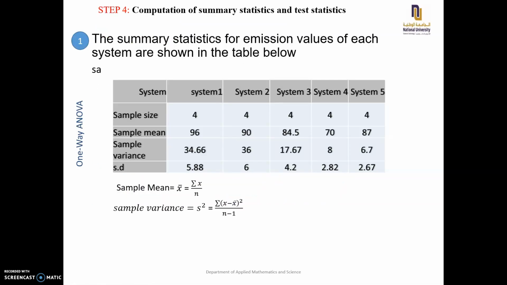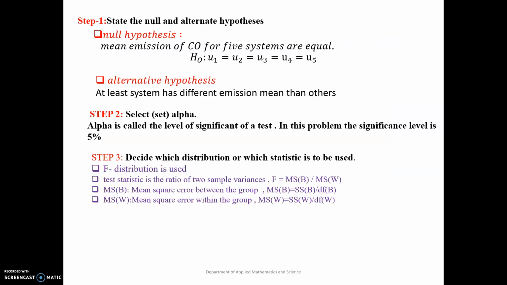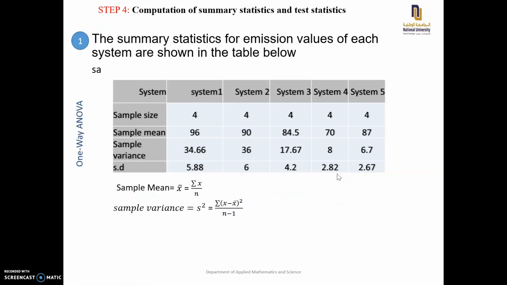So step 4, in order to compute the test statistic, the first thing you have to do is get the summary of your data. Since we have 5 systems, you must compute the mean of each system. The sample mean is computed by the summation of x divided by n.